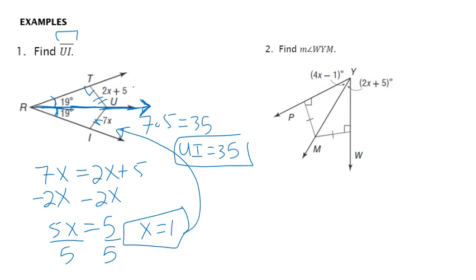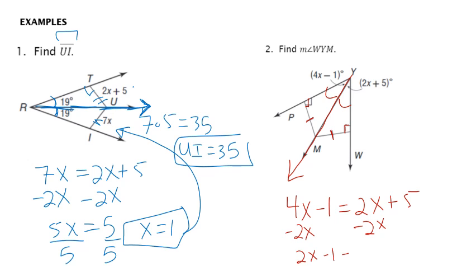For the second one, same idea. This is actually the converse. They give us that we have these right angles and two segments are the same measurement. That means YM is a bisector. So I'm going to set these equal because they represent the same measurement, and we're going to solve. We're going to get our x value to be 3.